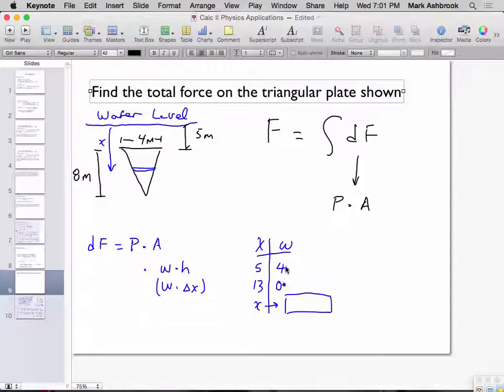So it looks like negative 4, oh sorry, negative 4 over 8, w2 minus w1 over x2 minus x1, so it's negative 1/2, right? Negative 1/2. Then let's just use this point: 0 plus negative 1/2 times x minus 13.